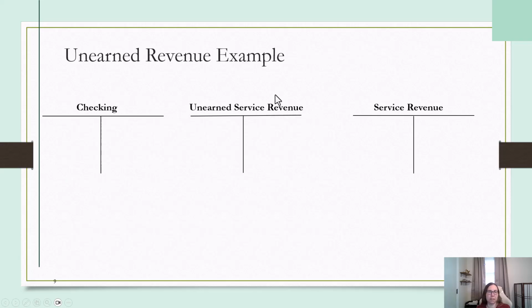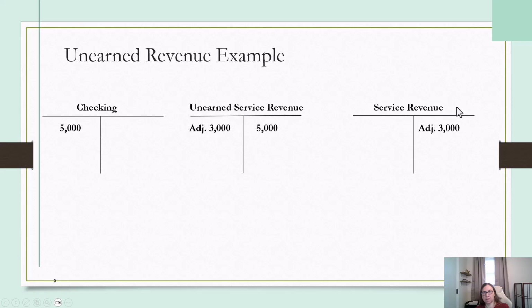Let's look at that in T accounts. The first entry was a debit to add to checking, credit to unearned revenue to add to unearned revenue, add to the debt of the business since they owe that service. And then at year end, they did an adjustment to debit unearned revenue, which is going to subtract from the credit balance.